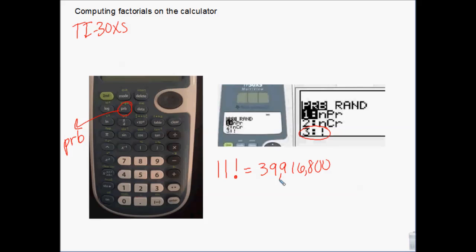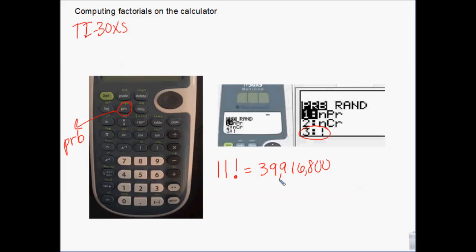Okay, so that's how you'll do a factorial on this phone. Okay? Any questions on computing a factorial? Okay. Most scientific calculators will have a factorial button somewhere on them. So if you have a different calculator and you don't know where it is, let me know and I'll come look at it and see if I can't help you find it.